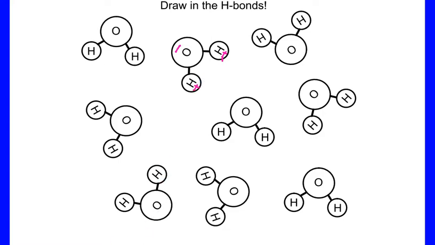So we can draw in some hydrogen bonds. So our hydrogen will be attracted to our oxygen. And over here, this hydrogen will be attracted to this oxygen. And this hydrogen will be attracted to this oxygen. And so on. And we could keep doing these as long as we have water molecules that are close together.